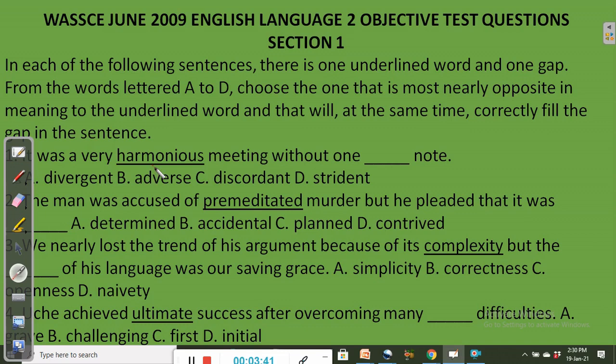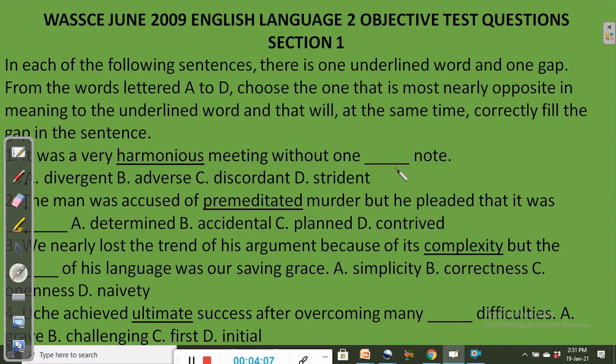Let's discuss these principles. First, understand the meaning of the underlined word. The word harmonious is derived from the word harmony, and harmony means agreement. It was a very harmonious meeting, which means the people participating in that meeting were in agreement with one another.